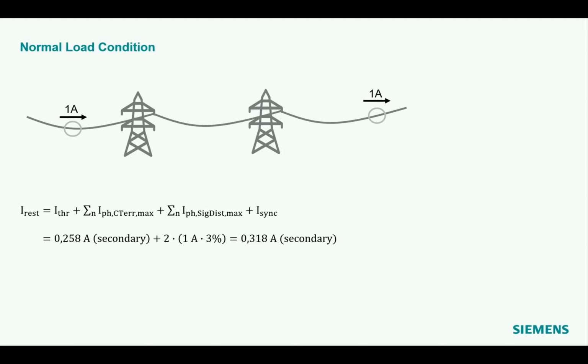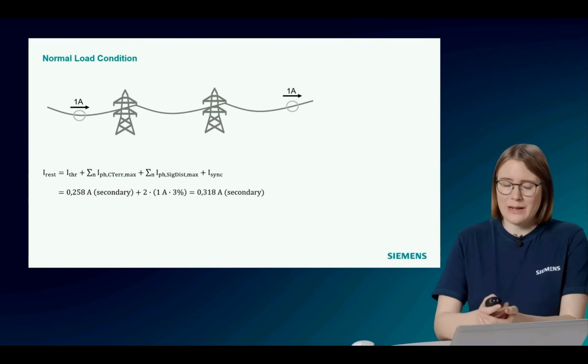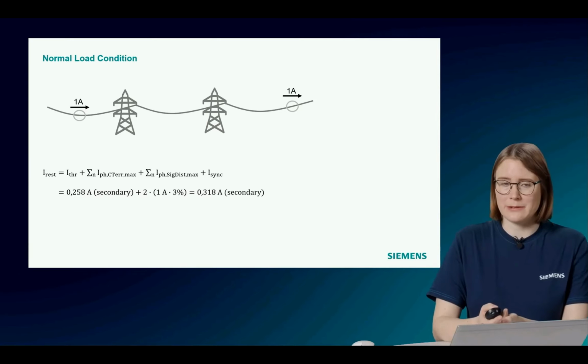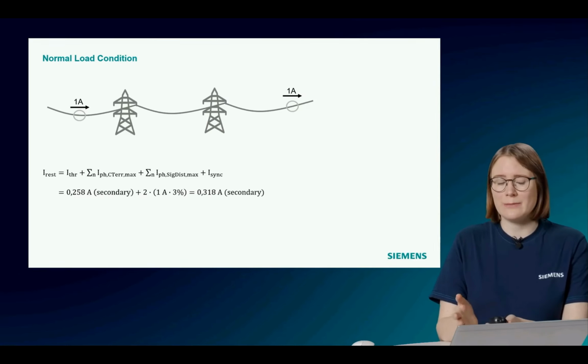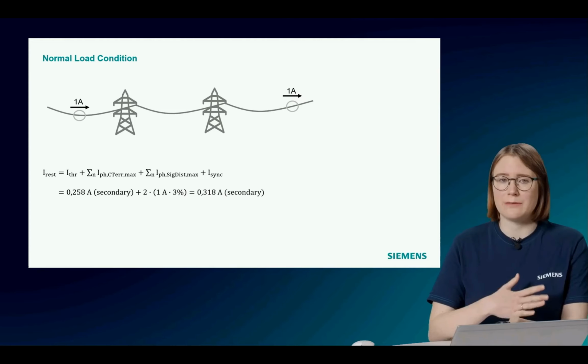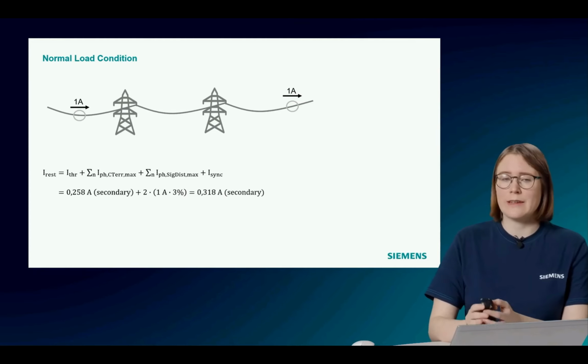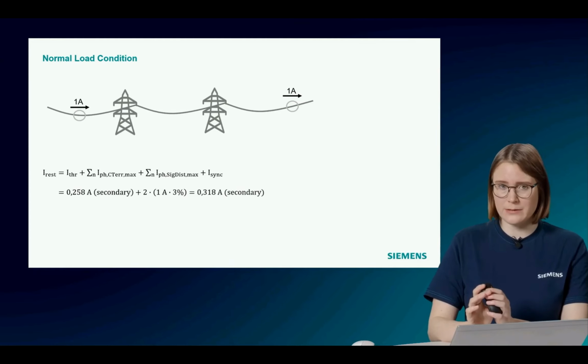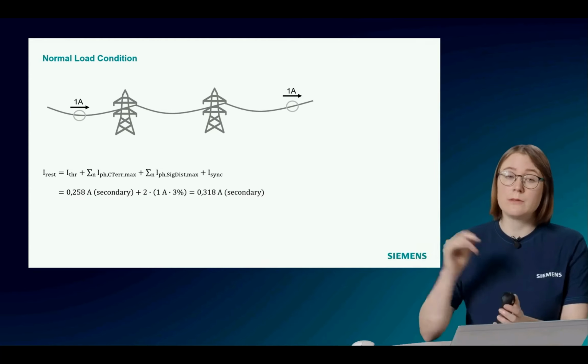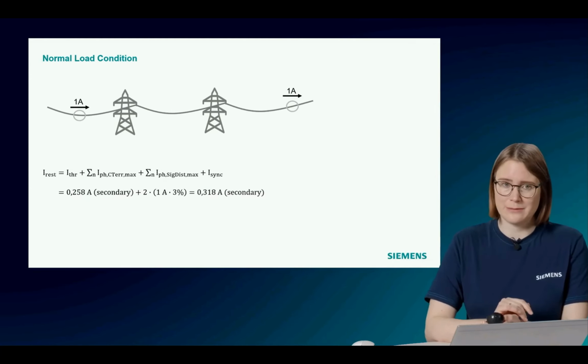Hope you remember we had the CT error A of 3% and the setting CT error B of 10%, and a switchover point between them of 1.5 times nominal current. When the current is below this 1.5 times nominal current, then we are working with the 3% value. When we are above, we will work with the 10% value.